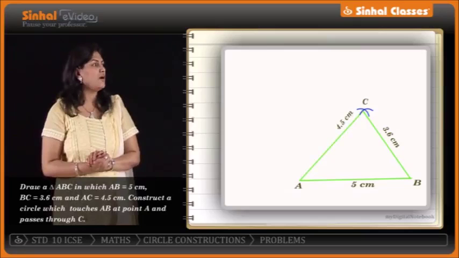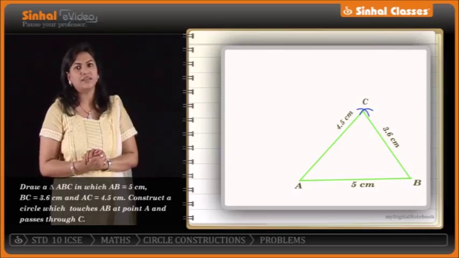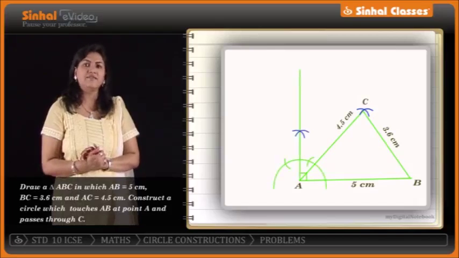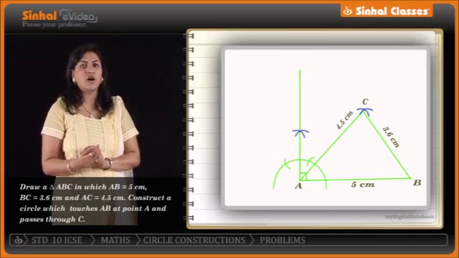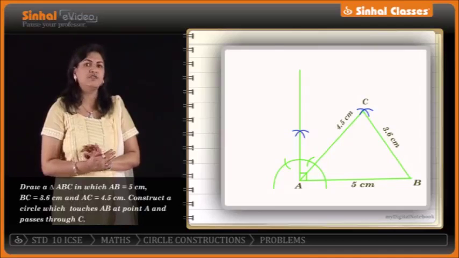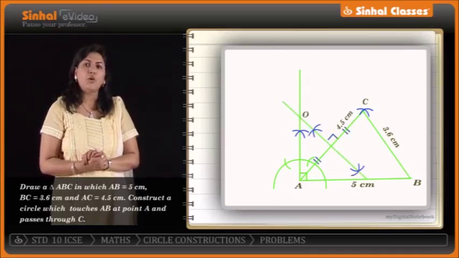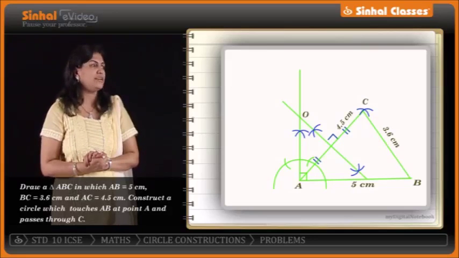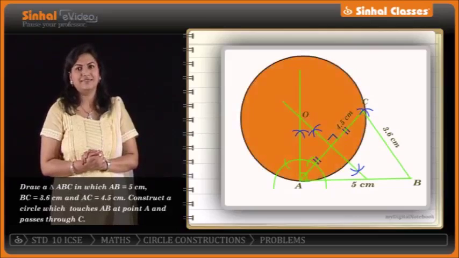Now we draw a perpendicular to AB at point A. Here again we know the property that radius is always perpendicular to the tangent. Now draw a perpendicular bisector of AC which meets the previous perpendicular at the point O. Now with O as center and radius OA, draw the required circle.